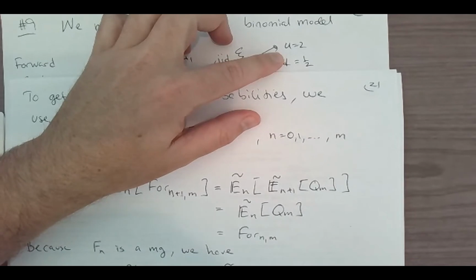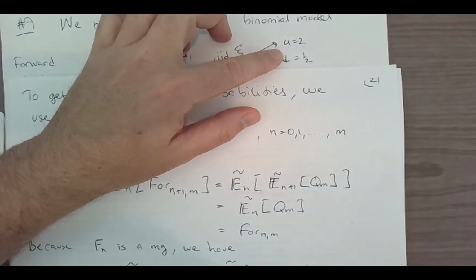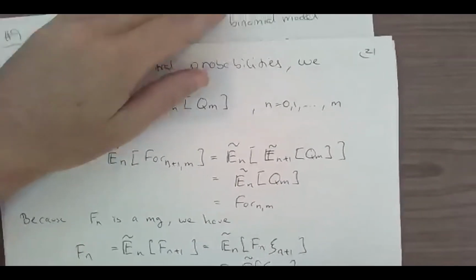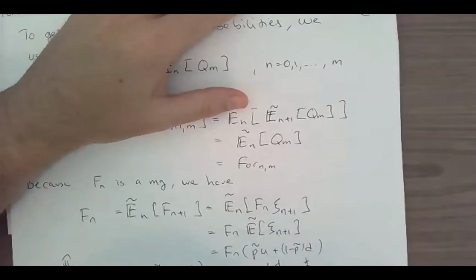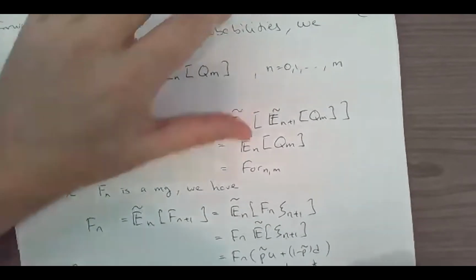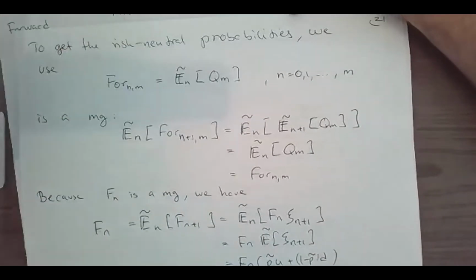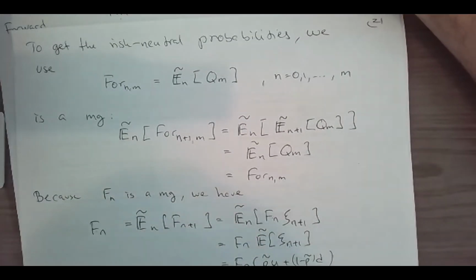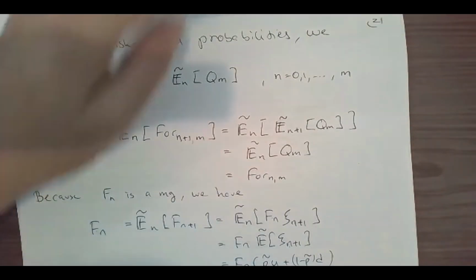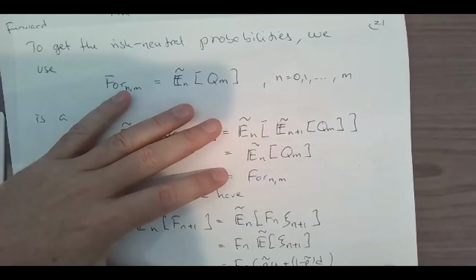So we're going to get 1 minus a half, that's a half. U was 2, 2 minus a half is 1.5. So a half divided by 1.5, and see what we get here. A third again.